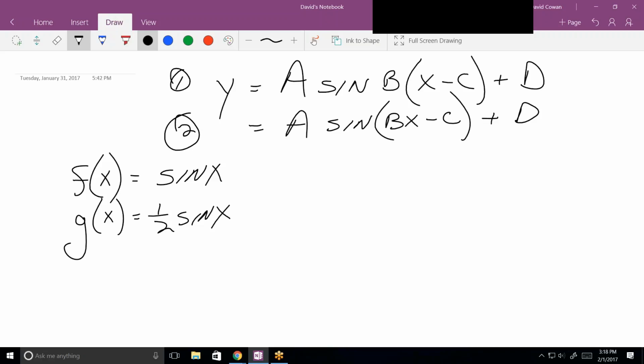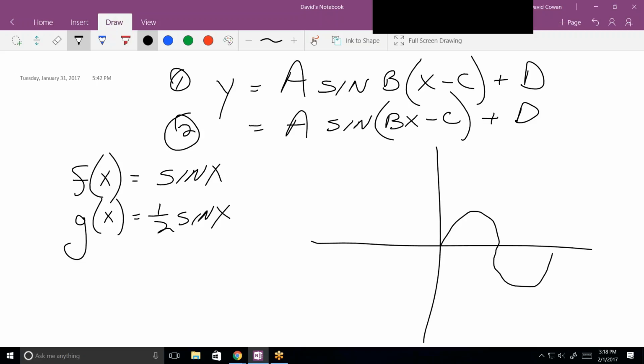Okay. In black, I will graph the sine x, two periods of it. With that being 2 pi, and that being 4 pi. Okay. 1, and that's -1.